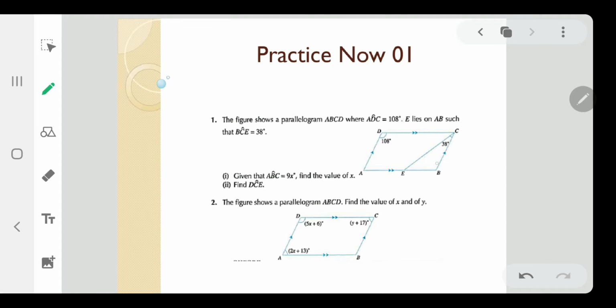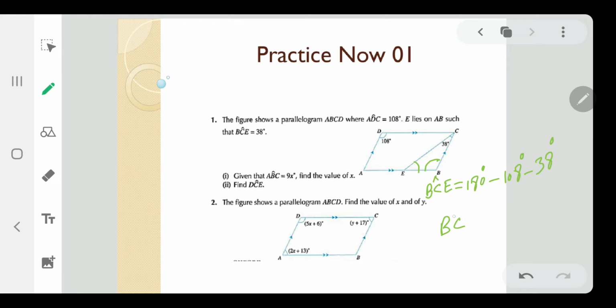Now, if this angle is 108 degree, we can find this angle, the angle BEC. This must be equal to 180 degree minus 108 degree minus 38 degree.